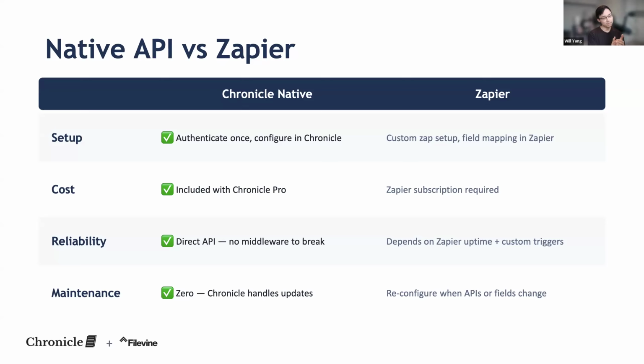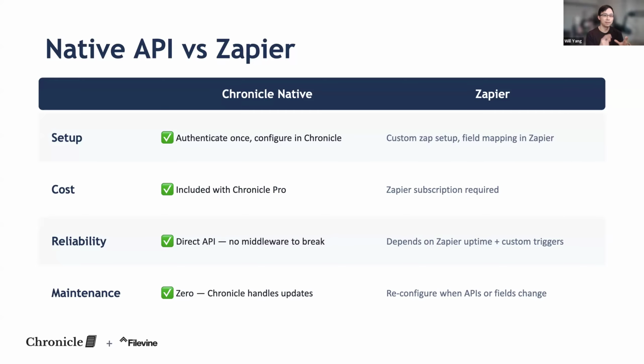The other benefit of this is that this is included with your Chronicle Pro subscription. And so if you were to keep using Zapier, you would have to maintain a separate Zapier subscription, which I believe is anywhere from around $100 a month or so.